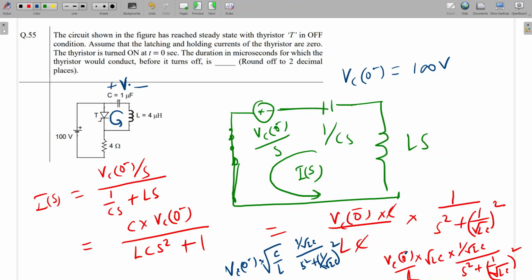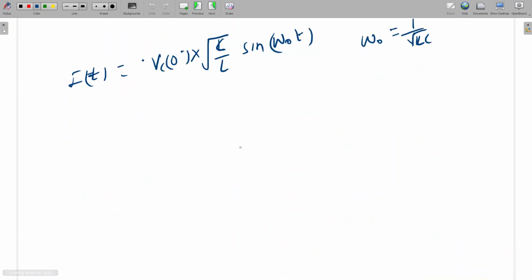So again, I want to calculate this capacitor voltage. What will be the value of this capacitor voltage as a function of time?